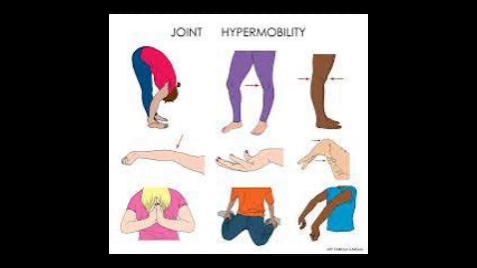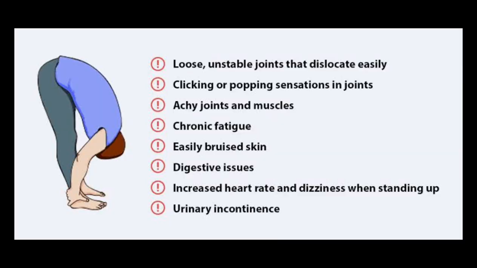So when skin is more elastic, there is easy bruisability, and plus joints are more mobile in Ehlers-Danlos syndrome. So you can see here that in homocystinuria joints are rigid, but in Marfan syndrome and in Ehlers-Danlos syndrome, joints are hypermobile.